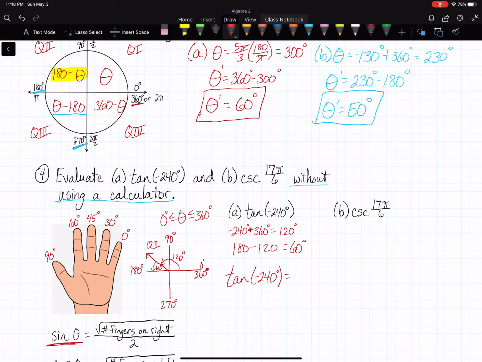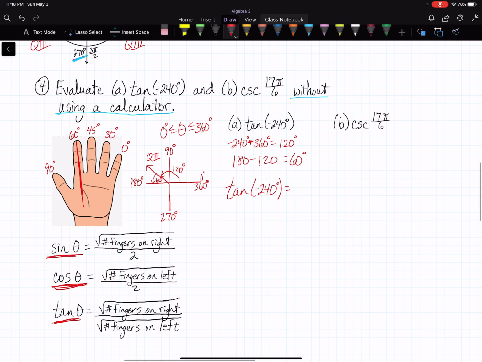I'm going to take 60, and we're going to find the tangent of it, which we just did a minute ago. So remember, tangent is the square root of the number of fingers on the right. So there's 3 fingers on the right, so the square root of 3 divided by how many fingers are on the left? 1. The square root of 1. So that will be the square root of 3. However, what quadrant are we in?